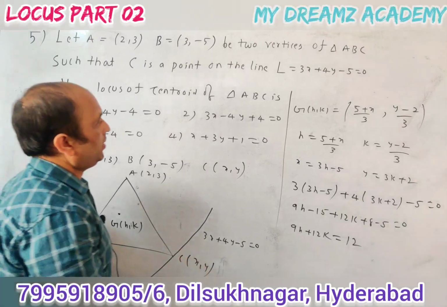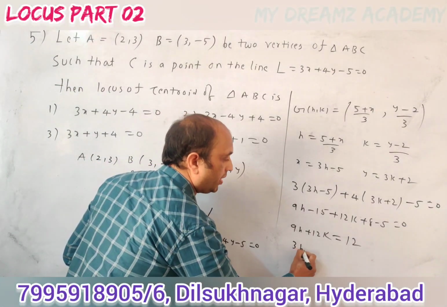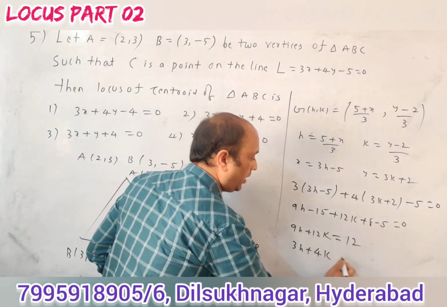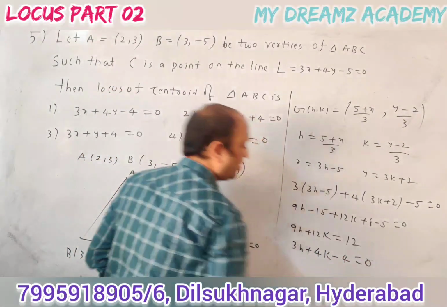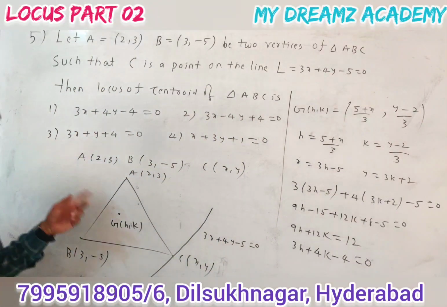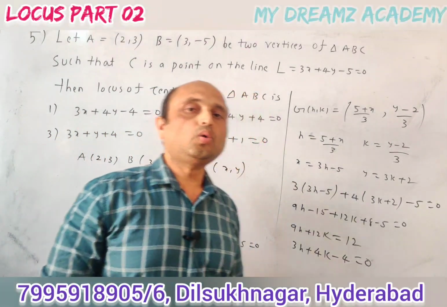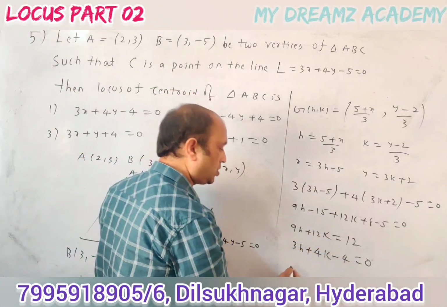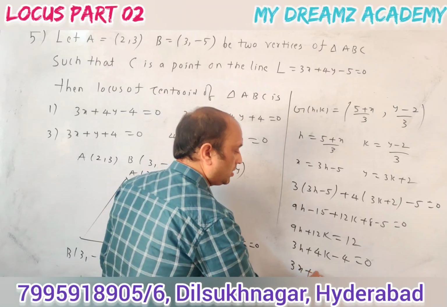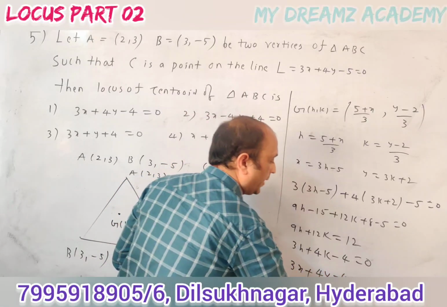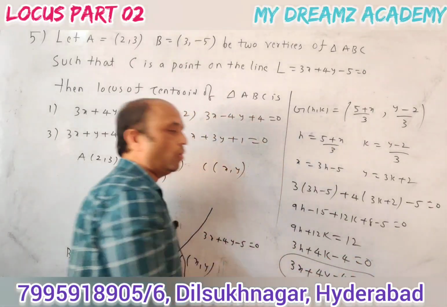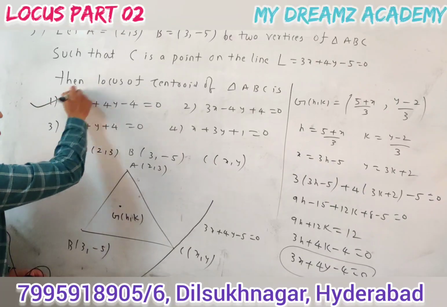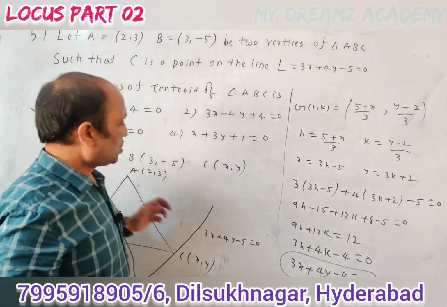Now take the common factor, 3 is common and cancels. So 3h plus 4k minus 4 is equal to 0. Now we want to find the equation of the locus of the centroid, so substitute x comma y in place of h and k: 3x plus 4y minus 4 is equal to 0. So our required option is the first option, which is true.